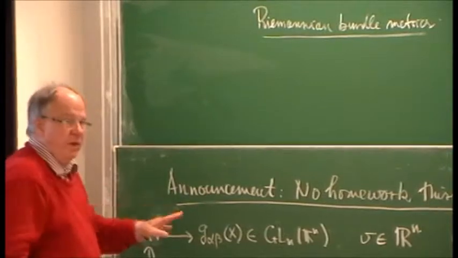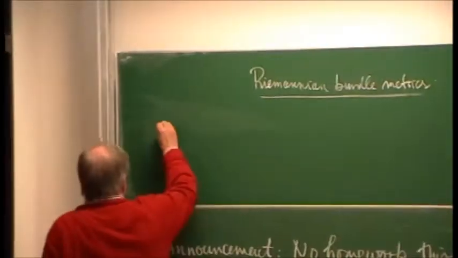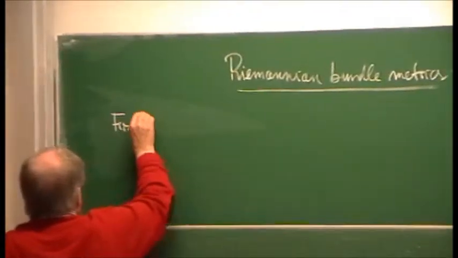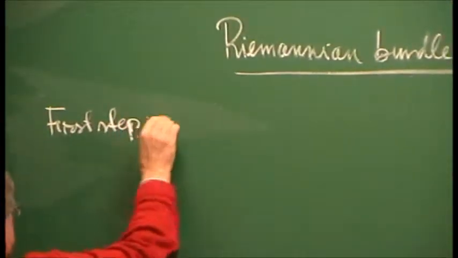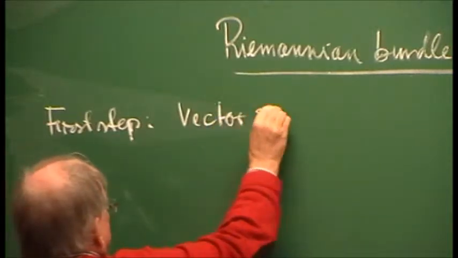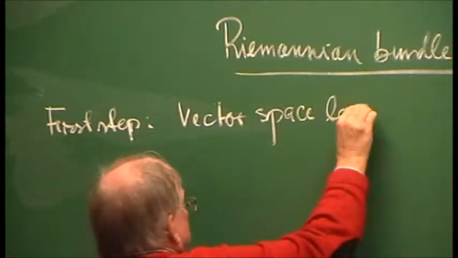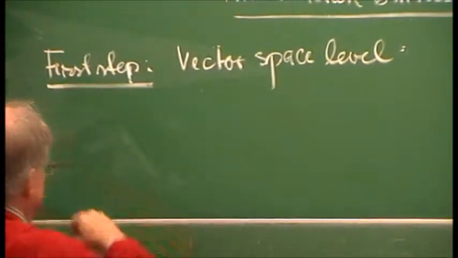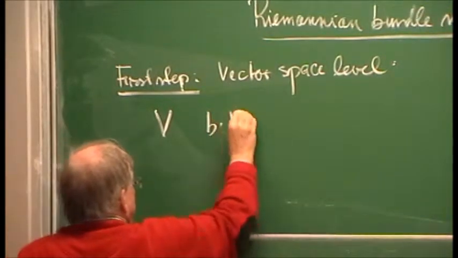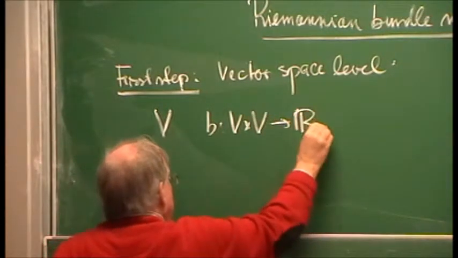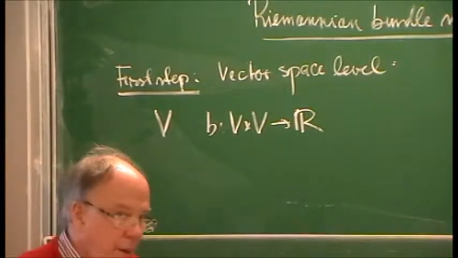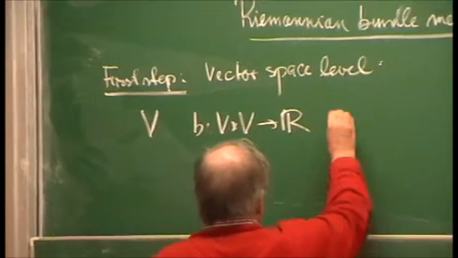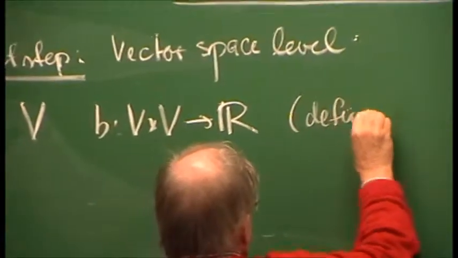Well, whenever you think of bundles, just start thinking of the first step at the vector space level. Let's take a vector space V, finite dimensional, and B a bilinear form, and this should define a geometry, this should define Euclidean geometry.